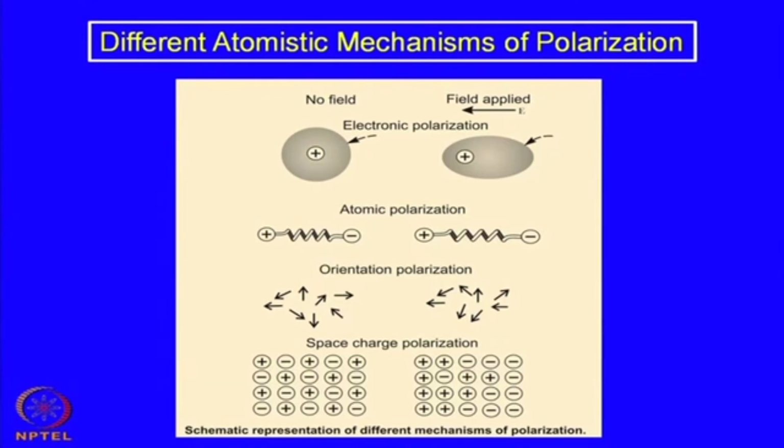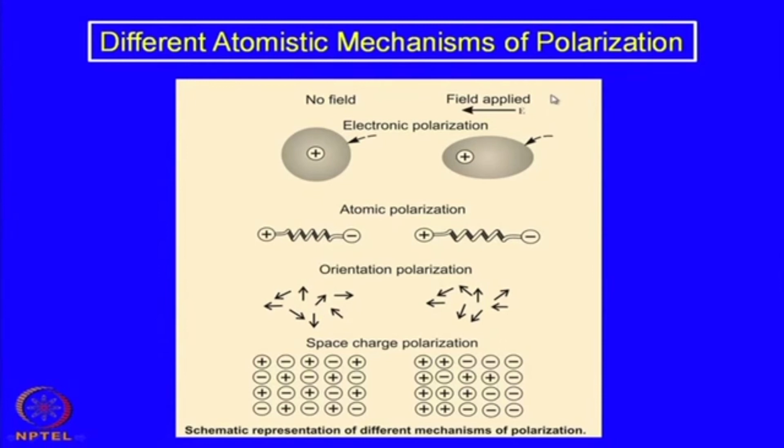So, the net distance of separation is nil. There is no dipole moment generated; although there is a positive and negative charge, D is 0. When we talk about Q into D, D is 0, therefore, there is no polarization. So, it is an unpolarized situation of the atom.